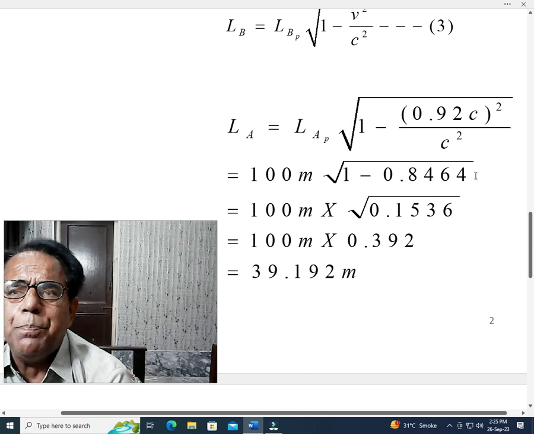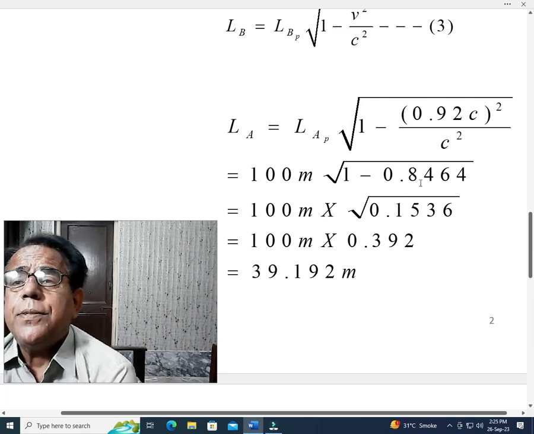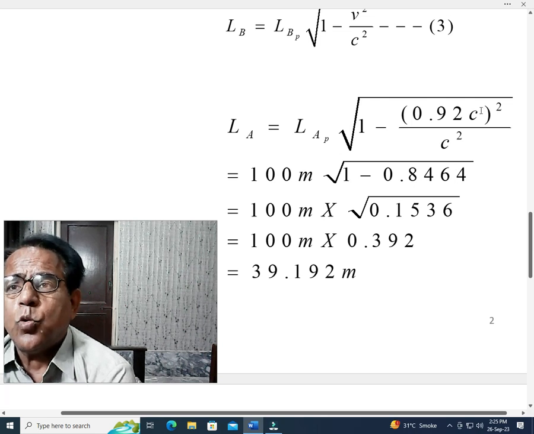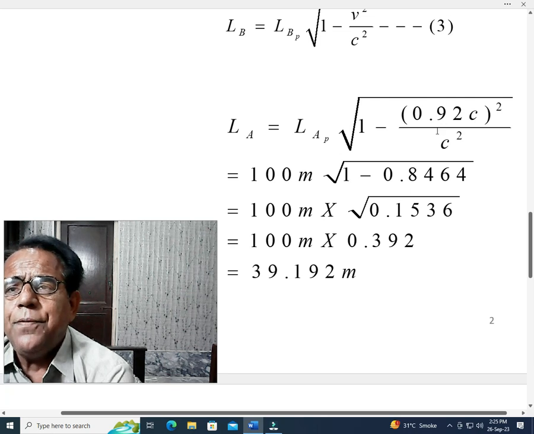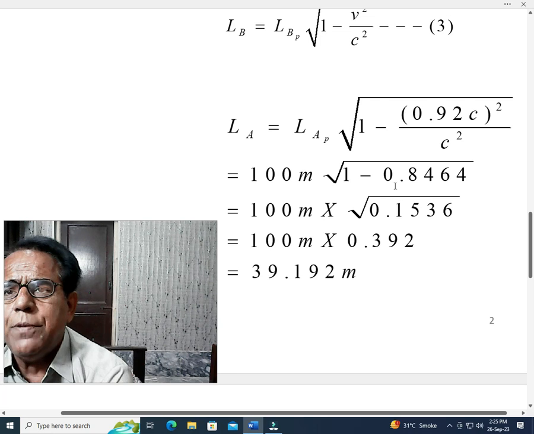When we simplify this, it becomes 1 minus 0.8464, because c square is cancelled out with c square, and when we multiply 0.92 with 0.92, we get 0.8464. When we subtract this from 1, we get 0.1536.